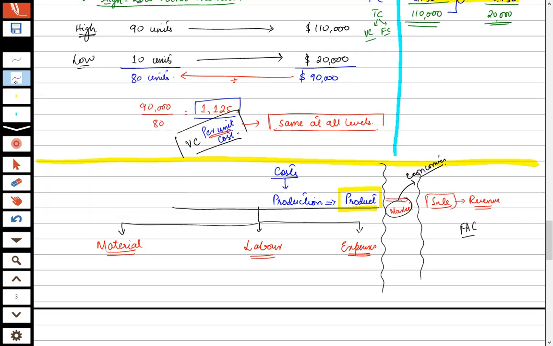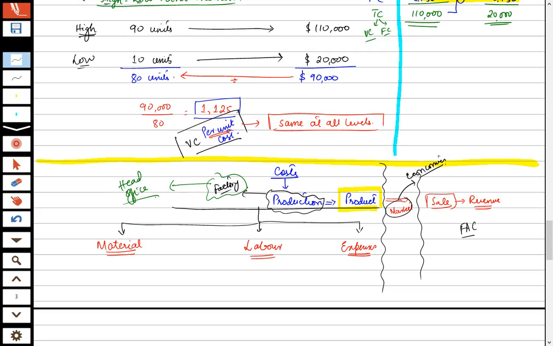Now we are narrowing down our discussion. Production is done in the factory. And the factory is kept separate from the head office activities. Are you getting this?